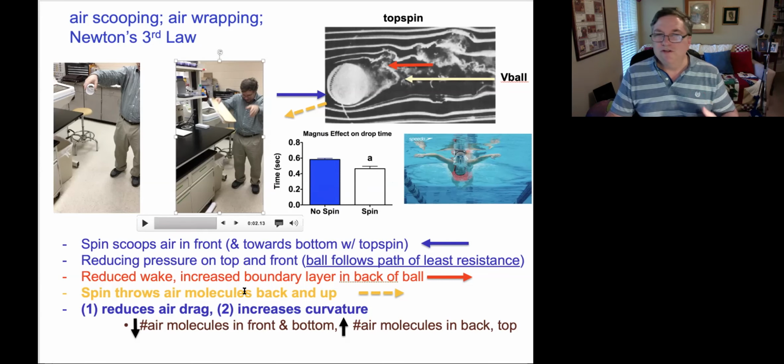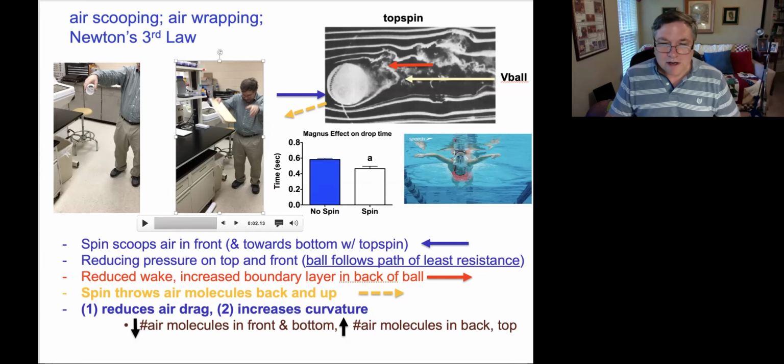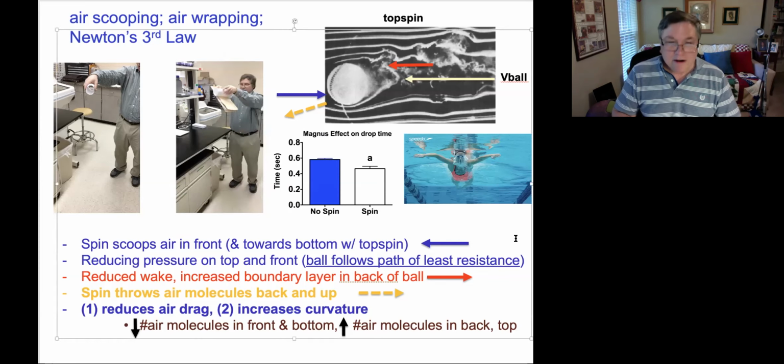We have this reduced wake. We've made a larger pressure difference. We've allowed the ball to go faster. So you get lower air drag, but greater curvature. That's what a spinning ball that creates a boundary layer can do, whether it's a baseball or softball or golf ball or tennis ball, it doesn't really matter.